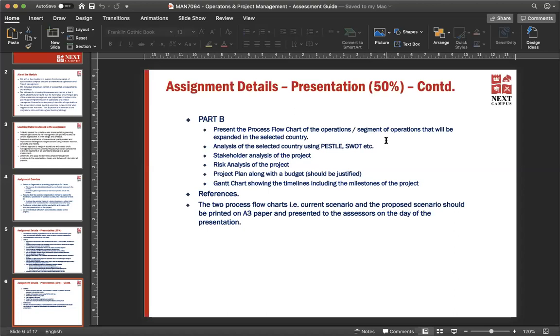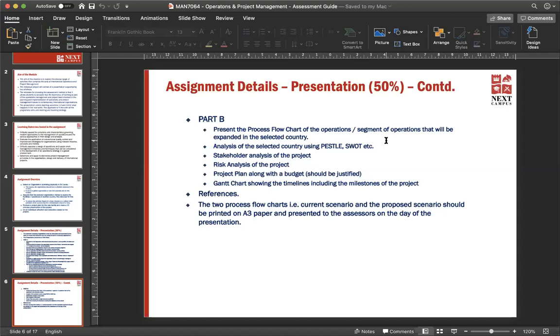Now we are not very sure whether we will be allowed to have physical presentation sessions, given the condition of the country. So right now, if that is the case, you may not need to print the chart. So don't print it. We'll make a decision on that closer to the presentation date.